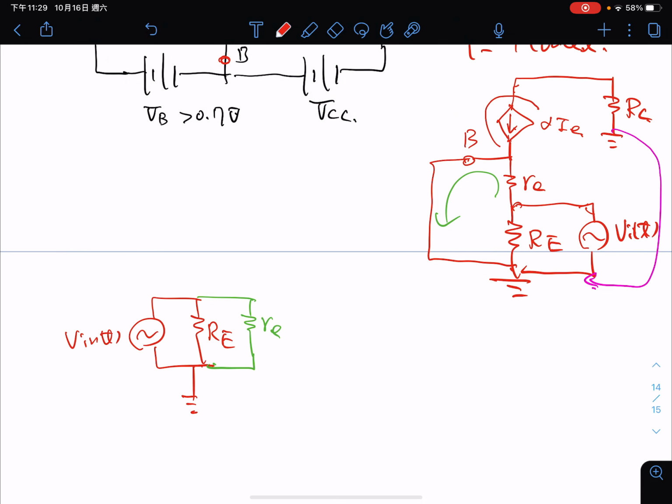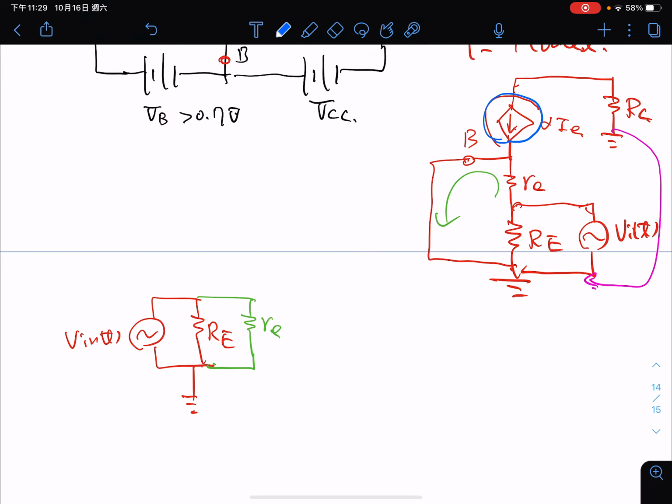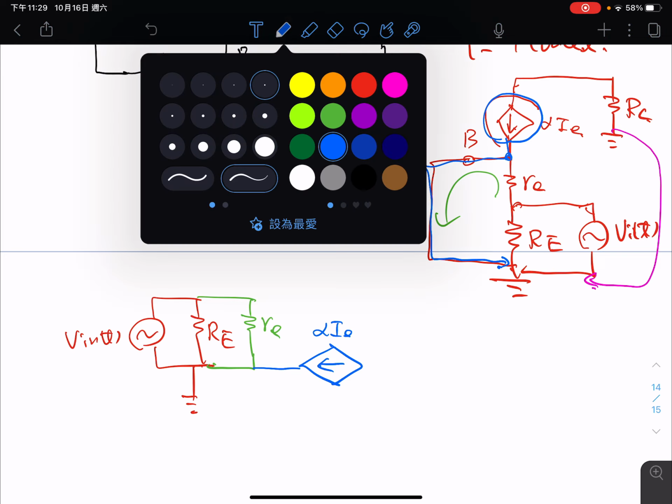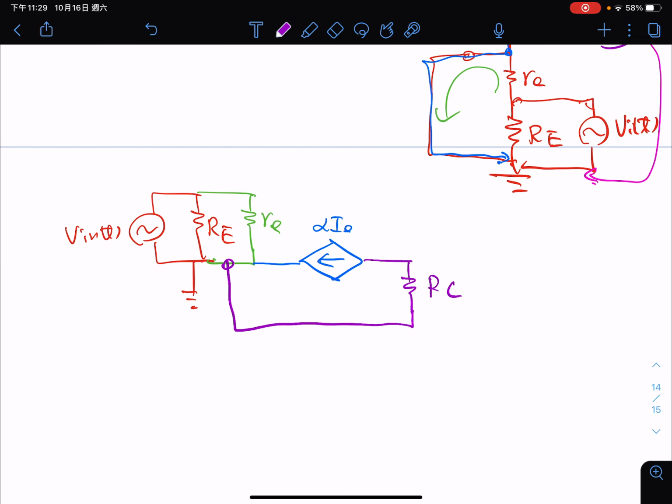This is a control source here, but this control source, as you can see, is connected to here, and is connected to the ground. So this is our current source, which is alpha IE, and then it is connected to a resistor here, RC, which is also connected to ground.